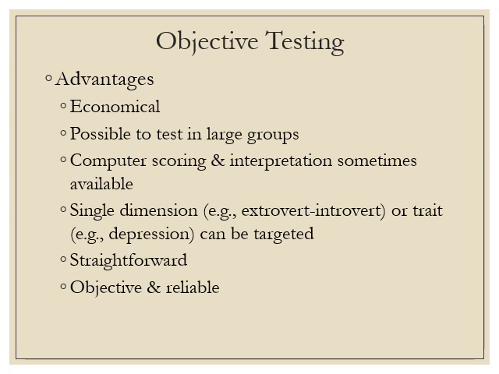Objective testing can cover a single dimension, such as an introvert-extrovert dimension, or a trait, which might have a number of different dimensions, something like depression. Objective testing is usually pretty straightforward, scoring and administration-wise, and in terms of taking the test.